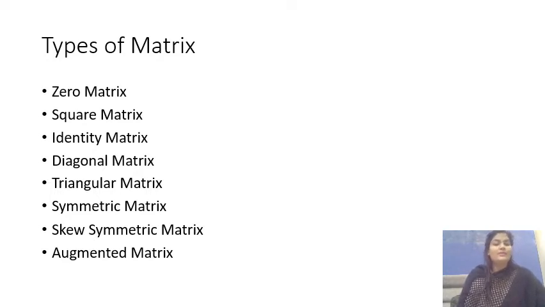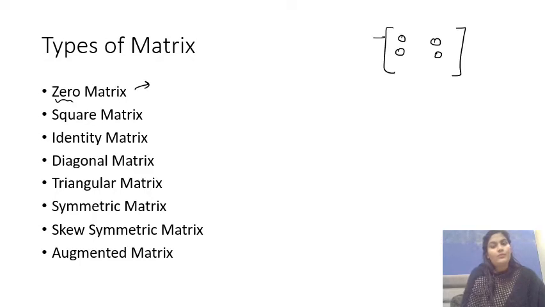So let's take all of these one by one. First, zero matrix. As the name suggests, all the elements are zero. So if we talk about 2 by 2 order, both rows and columns have all the elements as 0. So this is a zero matrix.